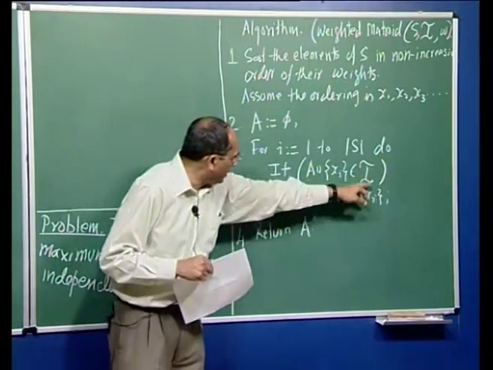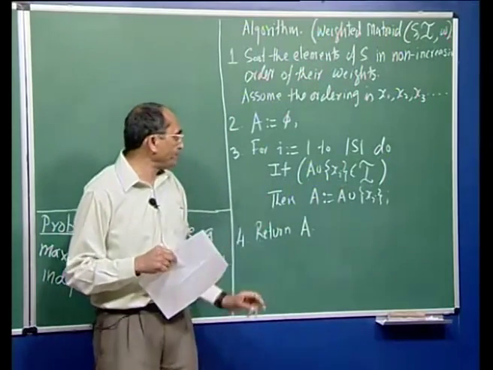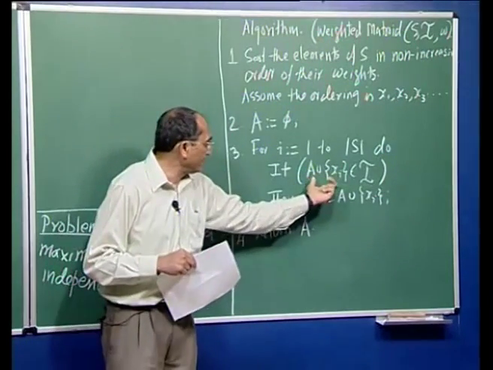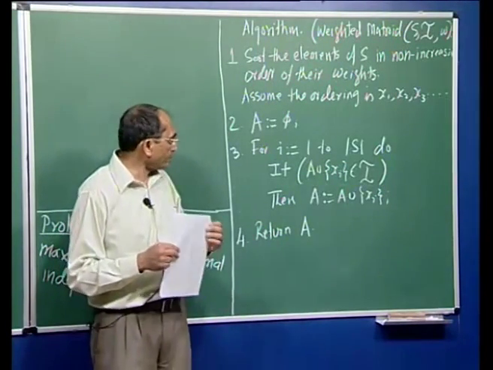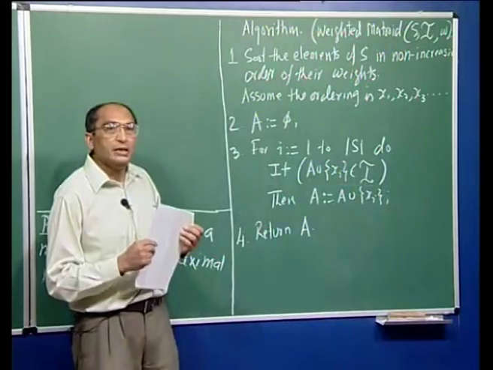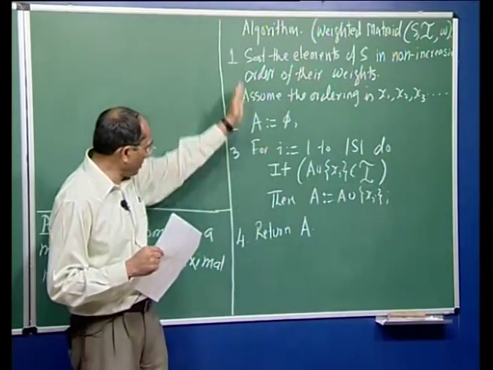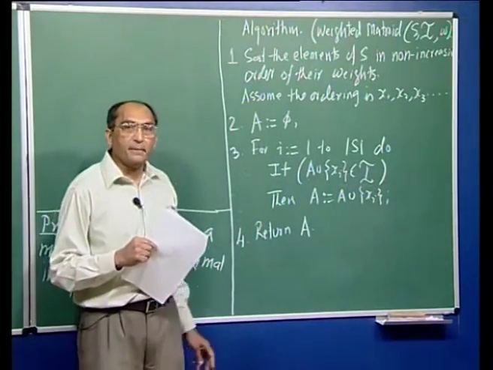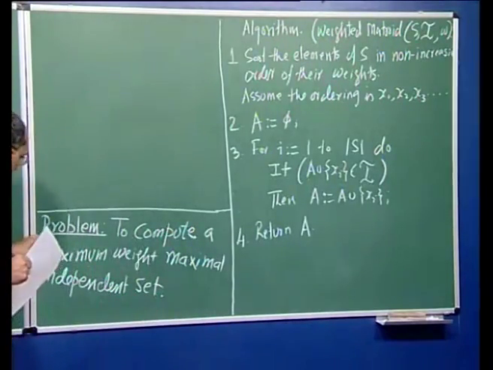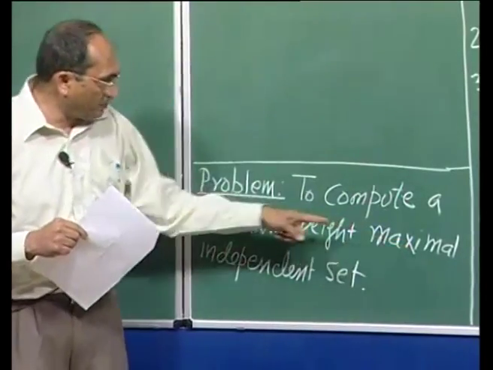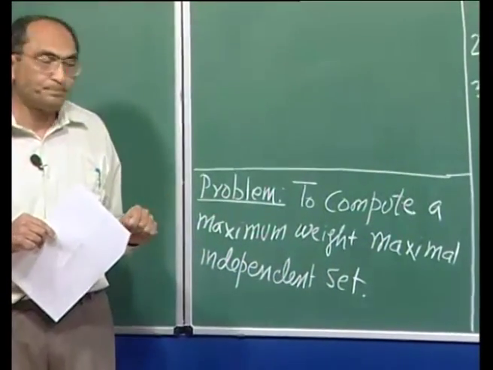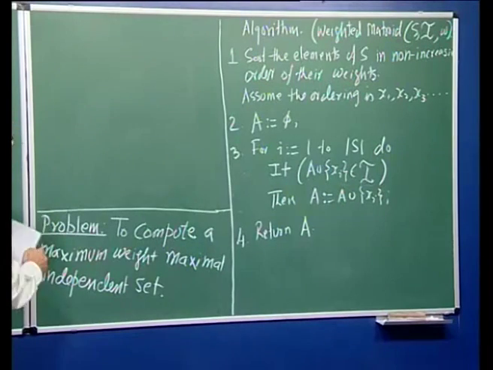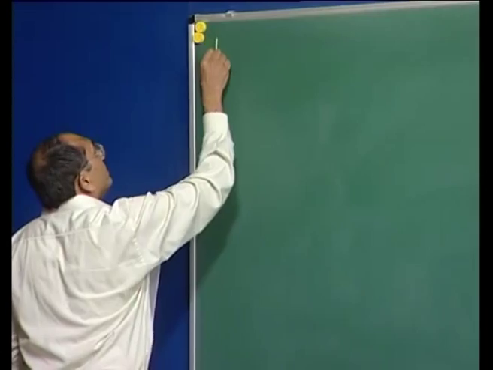But if it is possible to check the membership of this entity, then it becomes a meaningful algorithm. So, next thing we are going to do is try to prove that this indeed computes our object, namely the maximum weight maximal independent set. All right. So, let us start with the first claim.